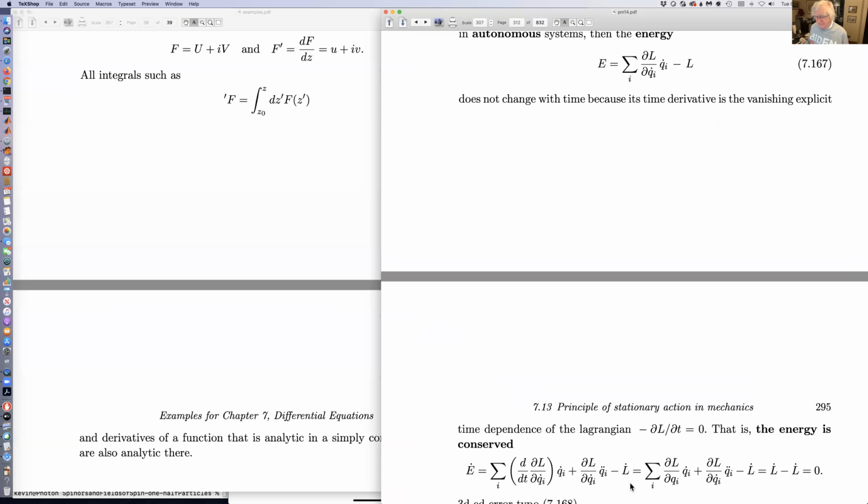On the other hand, because the partial derivative of the Lagrangian with respect to time vanishes, this thing then is the total derivative, and we're subtracting the total derivative, and we just get L dot minus L.